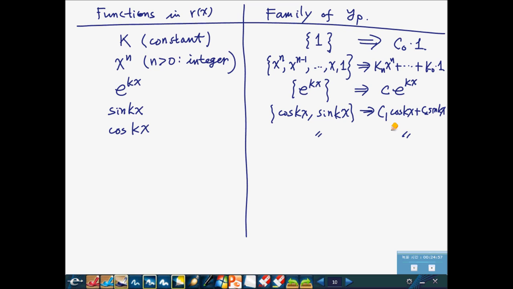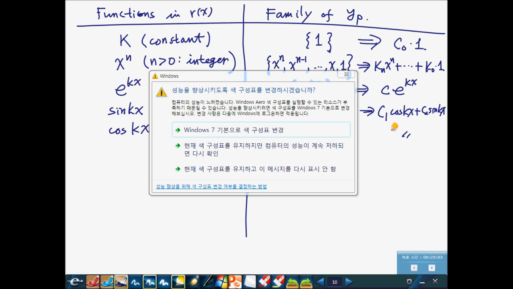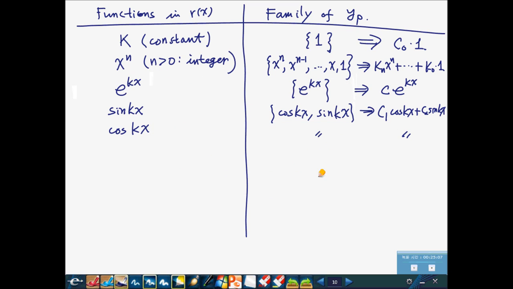That's the better reason for this. And those are the most popular functions that we can solve using MUC. We could have more, but that's enough for our purpose.